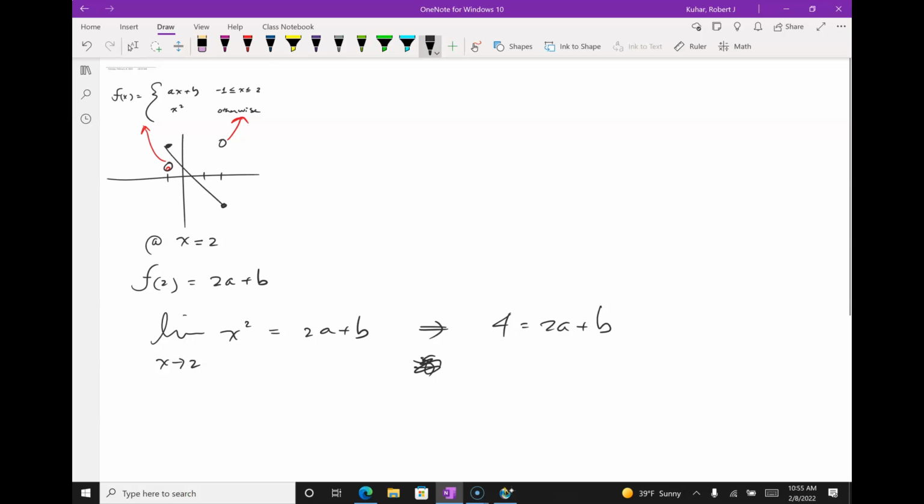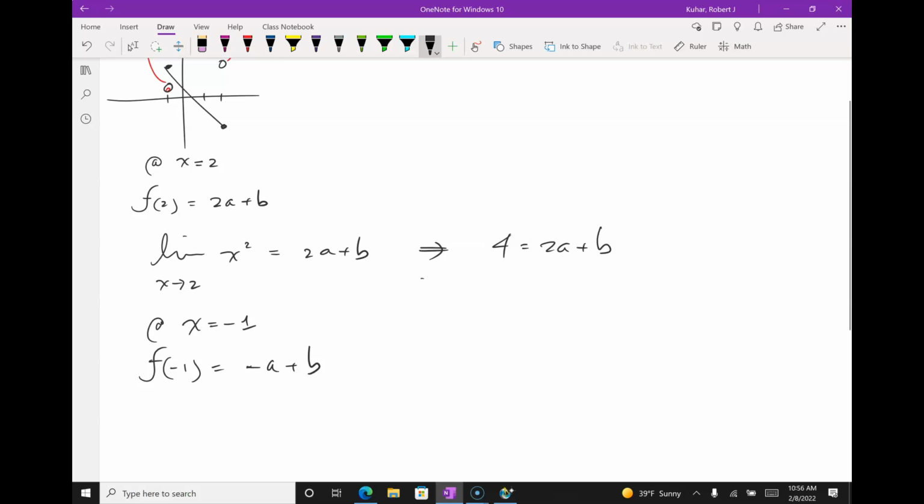But you see here, I'm going to get a system of equations. Let's do the same thing at x is negative 1. What do I get for my f of negative 1? Yep, negative a plus b, right? And I also want the limit as x goes to negative 1 of x squared, and that should equal negative a plus b.